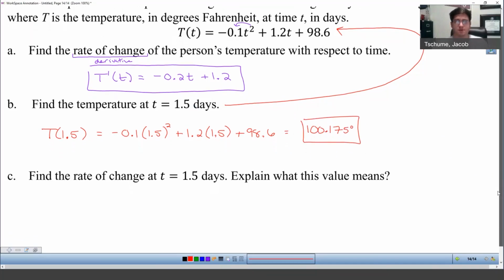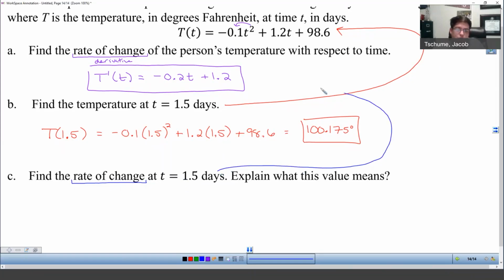The question becomes, this is where the derivative and the calculus part plays a role. I want you to find the rate of change at t equals 1.5. Okay, so right there. It says find the rate of change at this 1.5. Remember, rate of change is derivative.